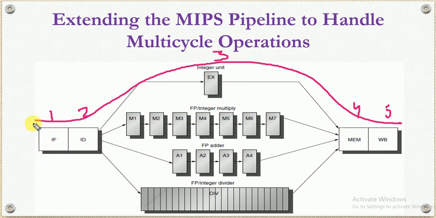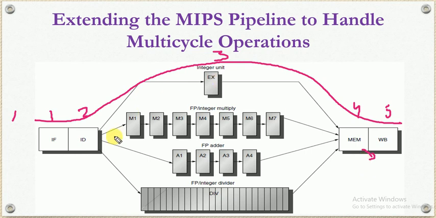So this is the first instruction, which is actually a load. When the load is executed, the effective address will be calculated here in the third cycle. Then after the fourth stage, memory, only then the load operation will be complete. So just after the fourth stage the result of the load operation will be generated.